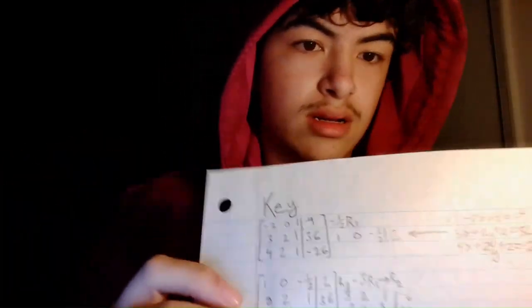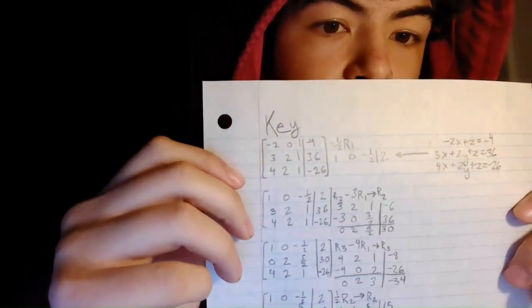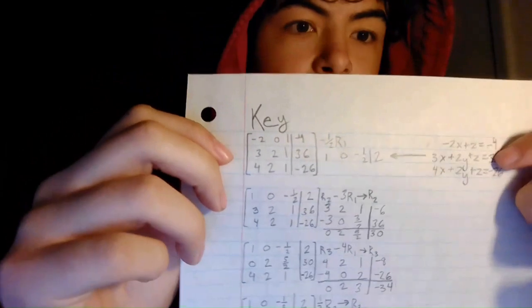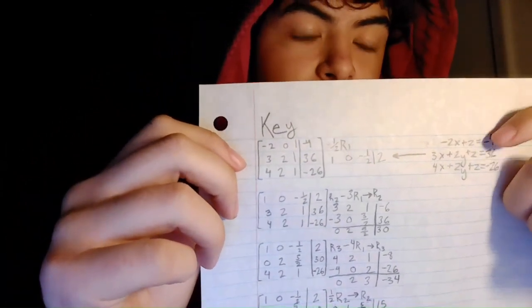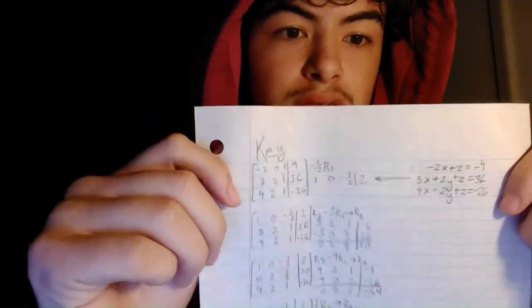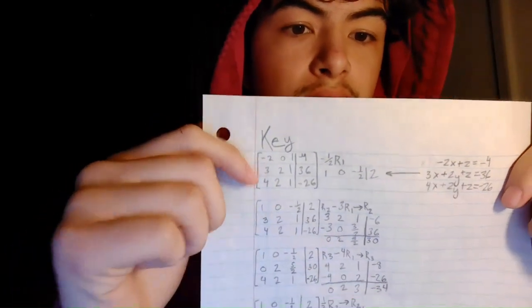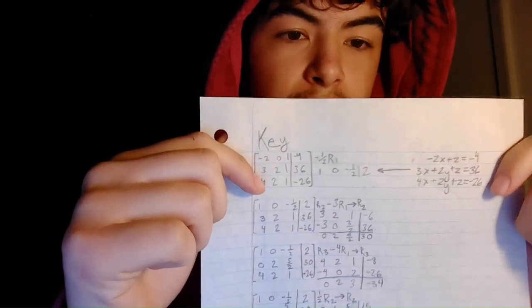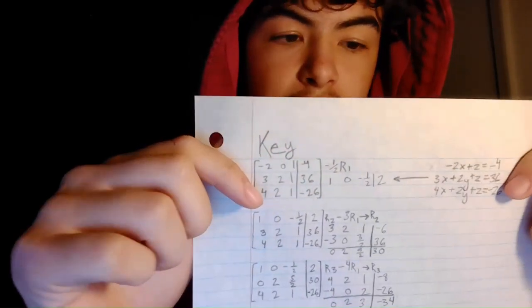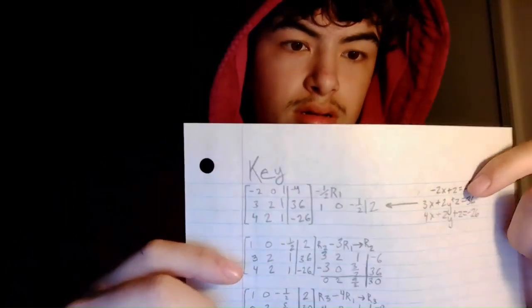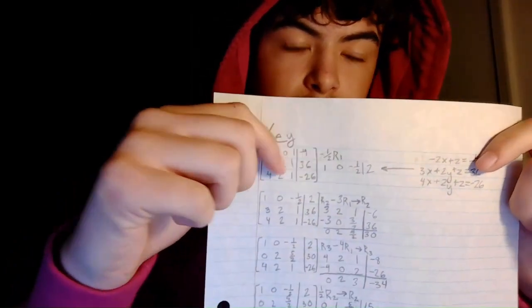Okay, so let's start. First, you want to take the given system of equations here and put it into row echelon form. So what you want to do is take the coefficients of each variable and put them into the matrix, and then over here you put the products and such.